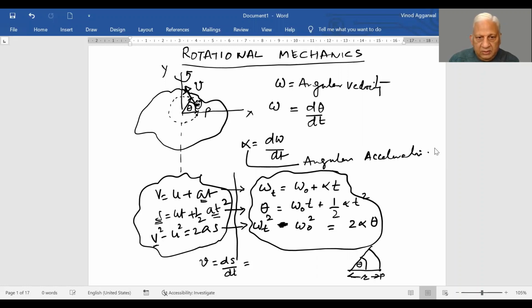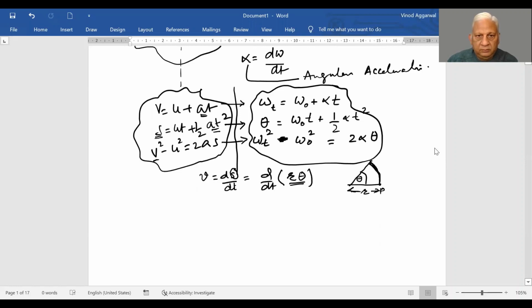Then this ds we can define as r d theta, because r theta is this arc which is covered in time t.